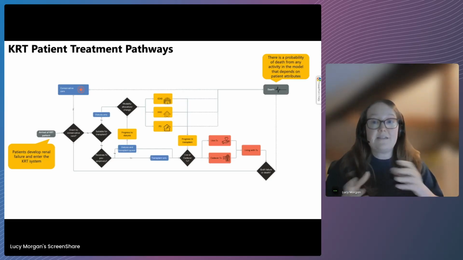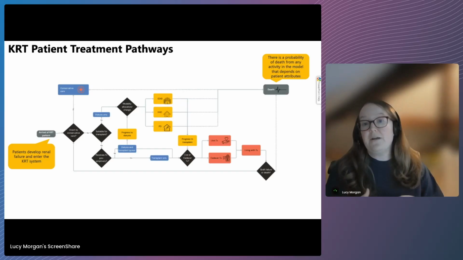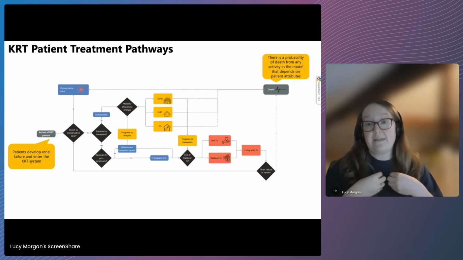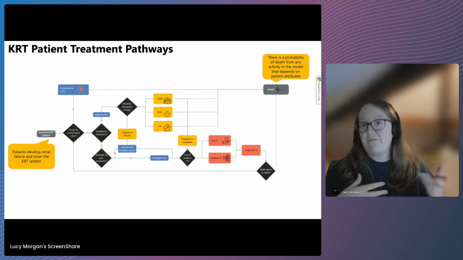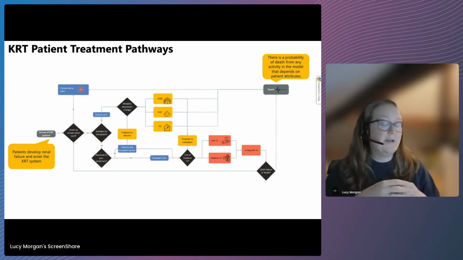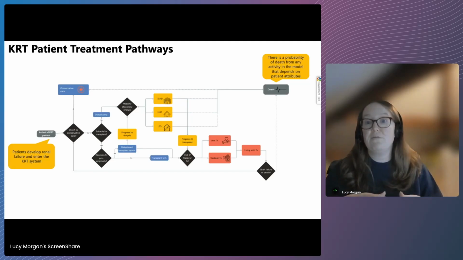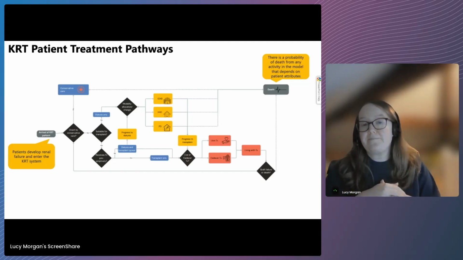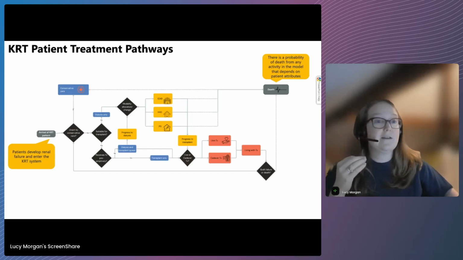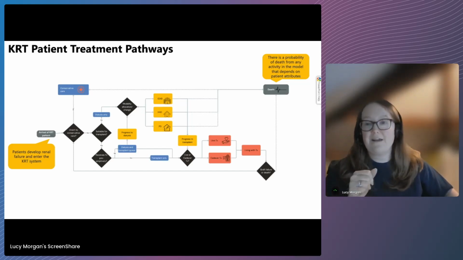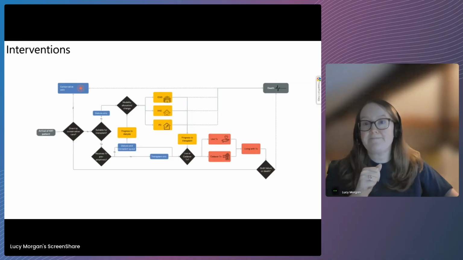So at every decision-making point within this model, the patient's attributes, like their age, their referral status, so whether they were an early referral or a late referral, for example, all govern how they move around this system. So the time they're in the system, the probability of them being suitable for transplant, etc., are all governed by different probability distributions that are again governed by the attributes that that patient has.